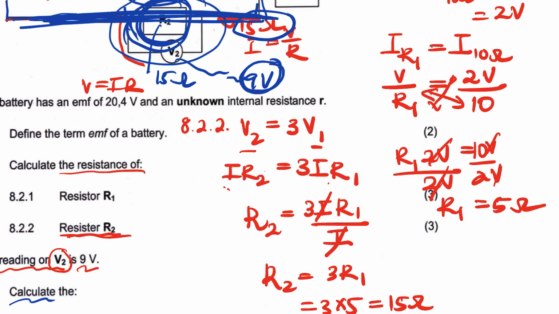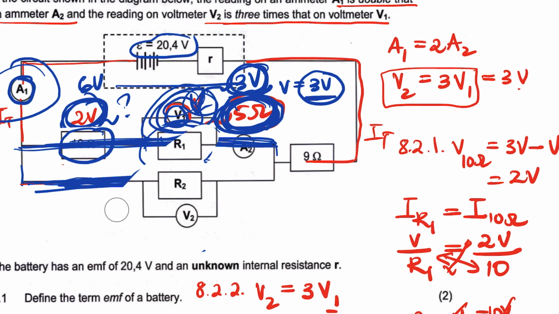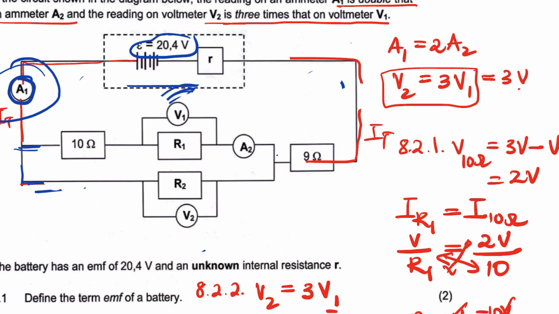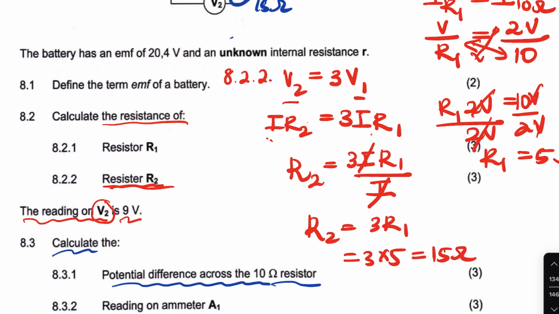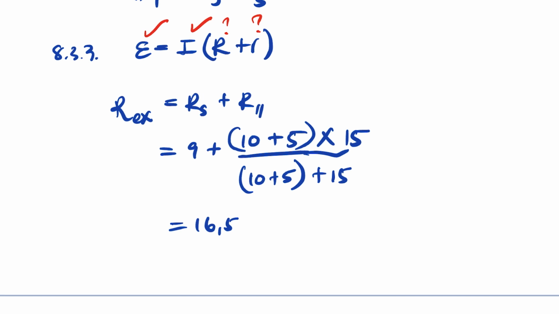I added these two. This is super dirty. Guys, this question is not easy, but it's doable. Remember, guys, this was 15 ohms and this was 5 ohms, right? So it's going to be 10 plus 5 plus 15. So if you punch that in the calculator, it will be 16.5 ohms.